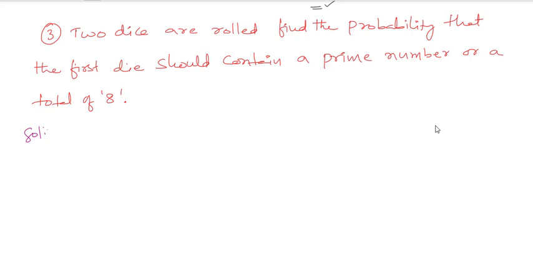This is the question. 2 dice are rolled. Find the probability that the first die should contain a prime number or a total of 8.